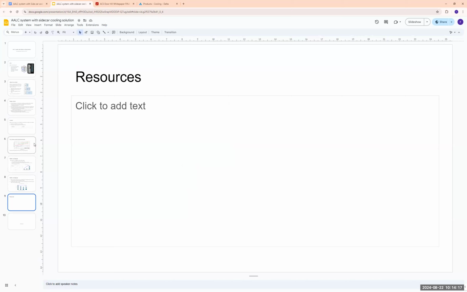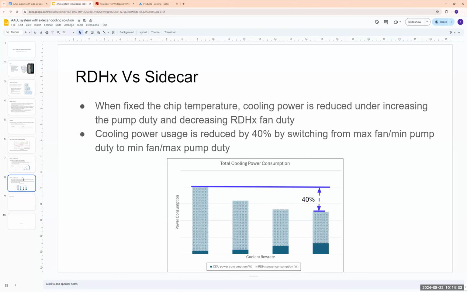Okay, in that case, I'm going to link some resources here to our meetings, and there's also a slide for that in the template that I sent. So you said you had to add a slide on the power.